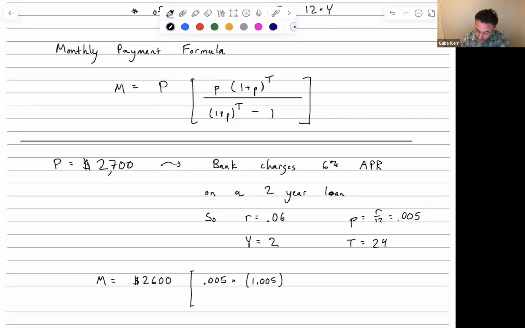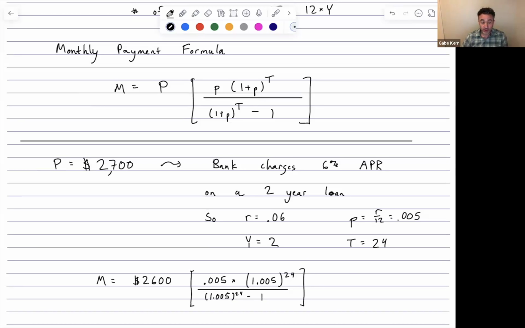And I'm going to take that to the T, which is 24. And of course, I'll divide this whole amount by 1.005 to the 24 minus 1. I'm just putting parentheses there to make sure that we see that there's an exponent.